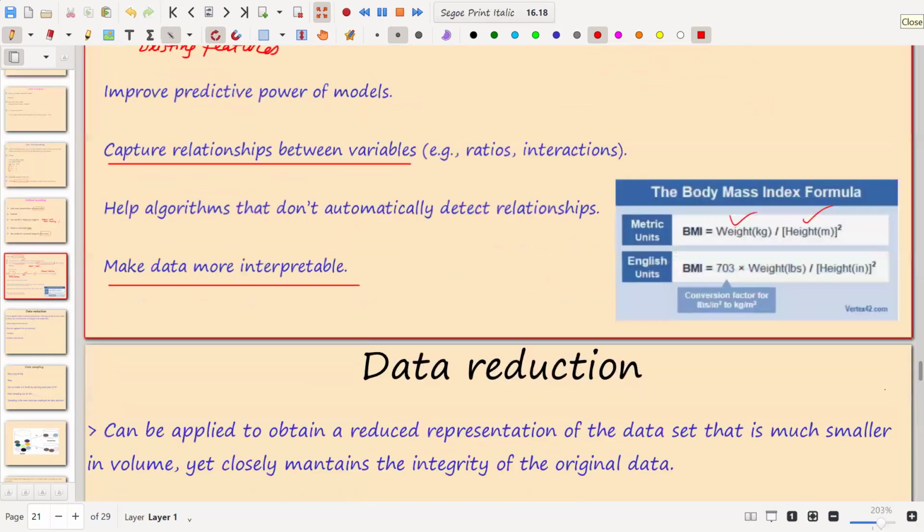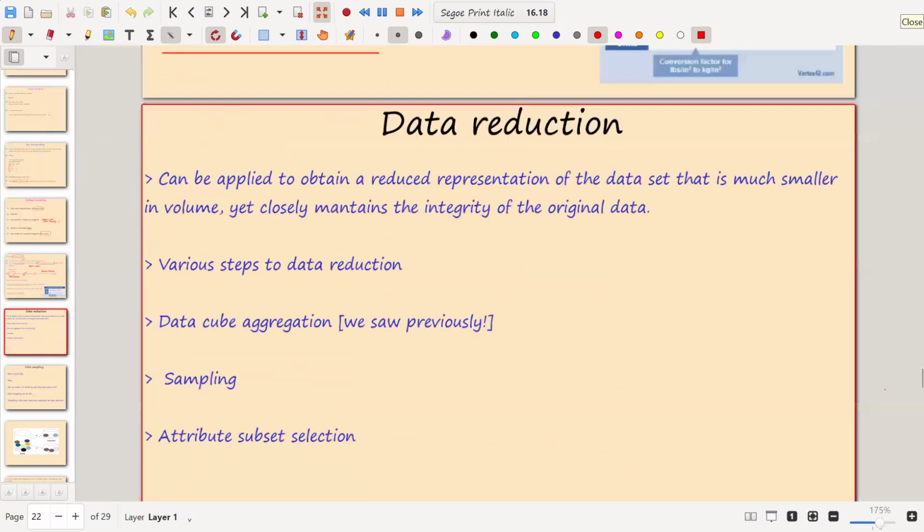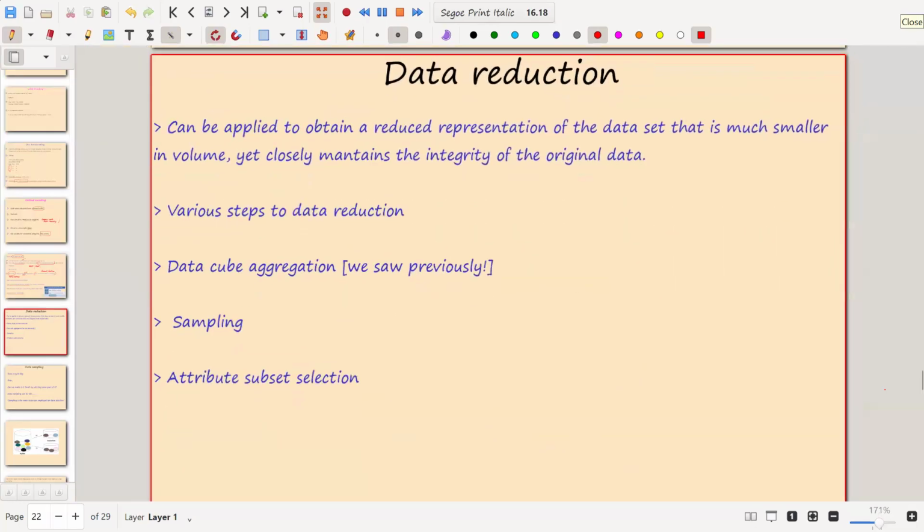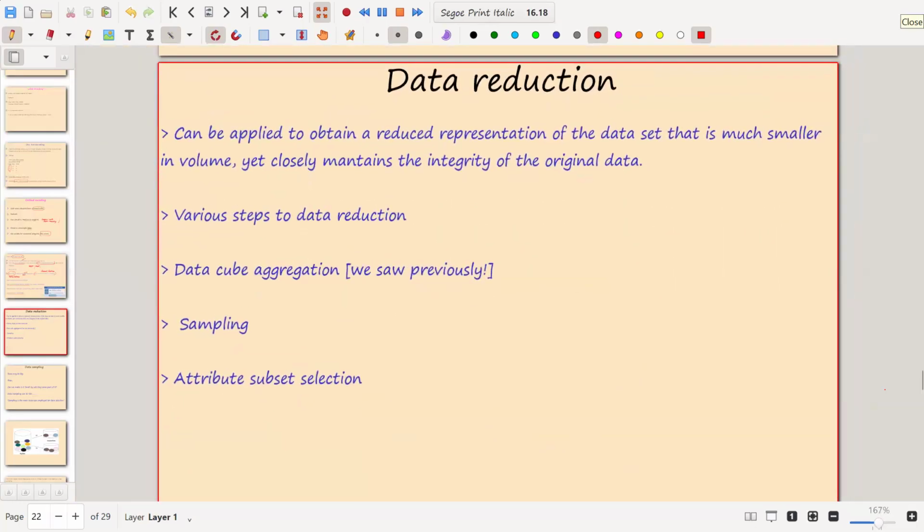Now let us come to the next topic, that is data reduction. Of course you know that if you have a very big data set, it will take more computational power to go through and process the data set. Therefore you cannot discard all the values of your dataset, because you will lose the most important parts.